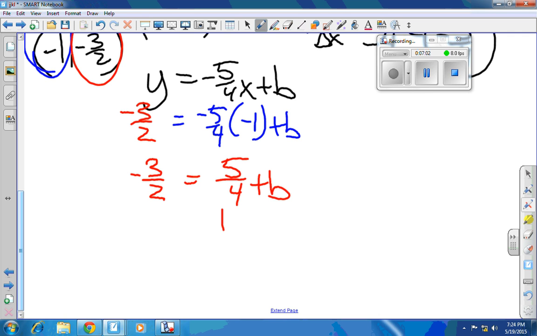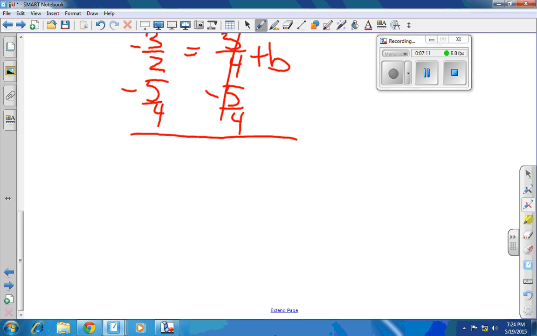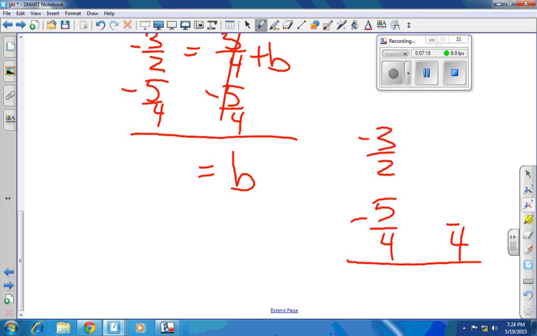I am going to subtract 5/4 from each side to get b alone using inverse operations. And b equals, well, negative 3 halves minus 5/4. You have to make them have the same denominator. So we multiply that by 2 to get 4. We multiply that by 2 and we get negative 6. Negative 6 minus 5 gives us negative 11/4.